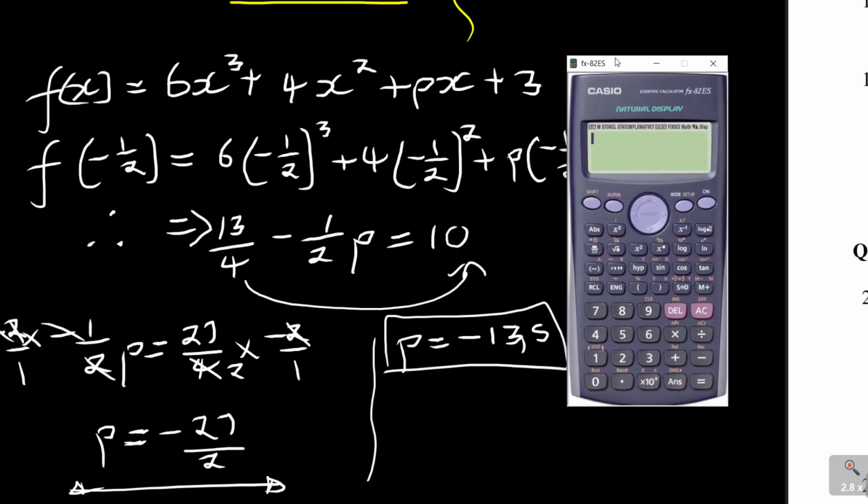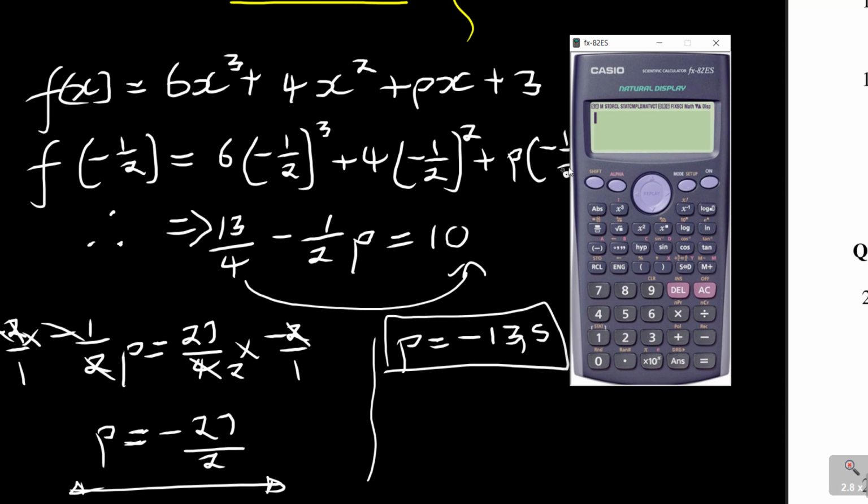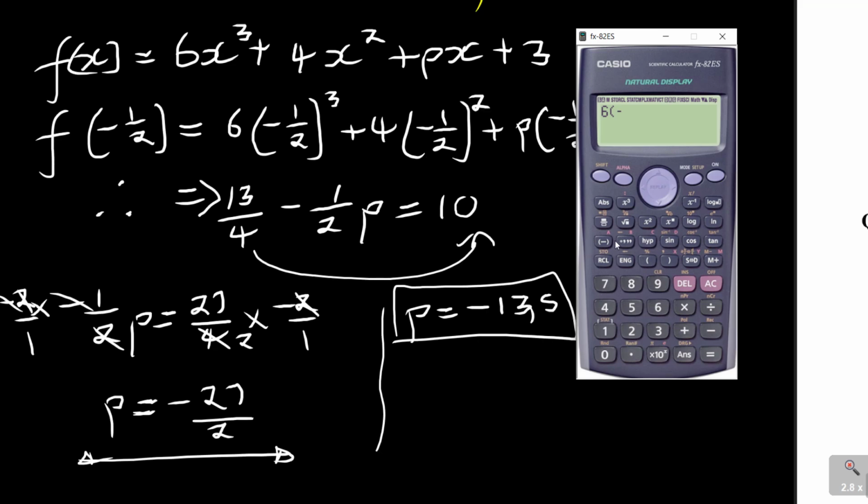So if you go to the original here, 6, and then we say where you got your negative 1 over 2, it's cubed, right? And then plus 4, negative 1 over 2, and then it's squared.